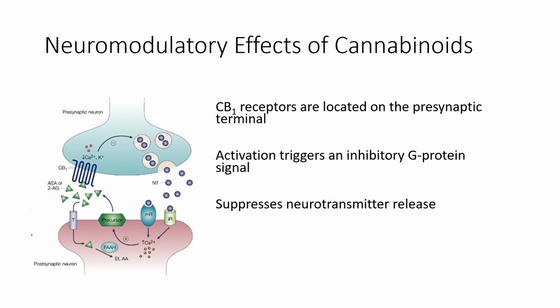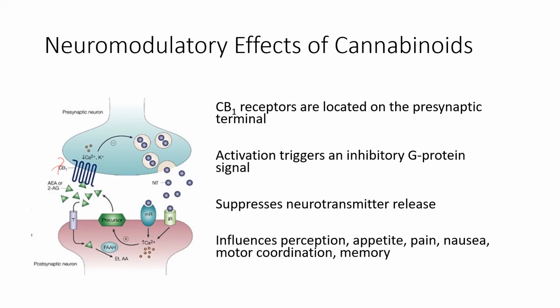So by the binding here, it suppresses release, so not as much is released, and this results in influences on perception, appetite, pain, nausea, motor coordination, and memory, because neurotransmitter release from the presynaptic terminal is reduced.